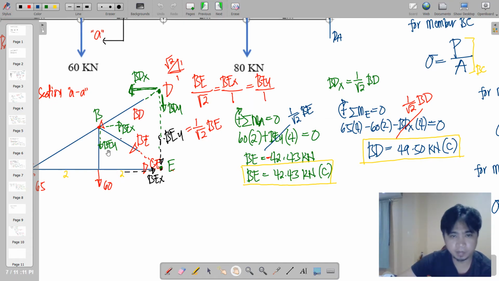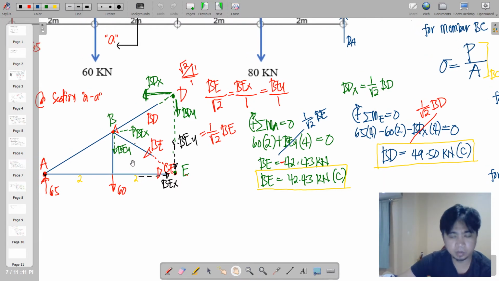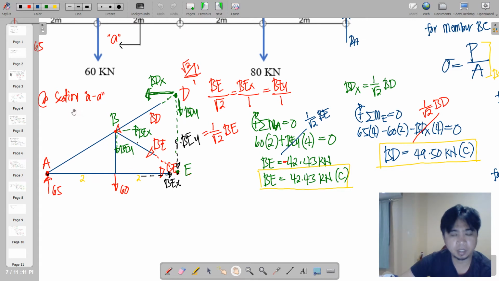Okay, for BD, we are going to use the same section AA, considering the left portion. So a while ago, we have intersected the two force members passing through this section, which is CE and BD.